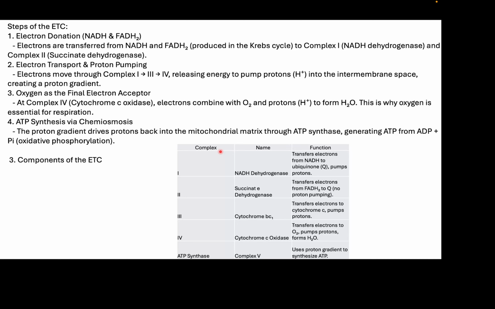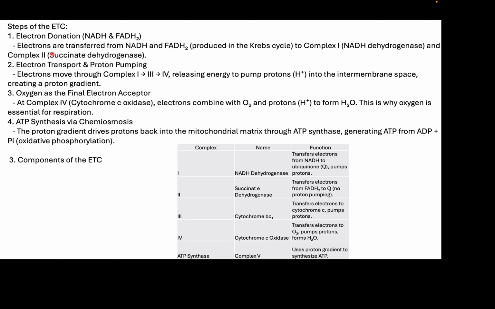So it has to be taken by a small molecule which has a reduction potential, so that whenever it goes to a complex, say 1 here, it will transfer that electron. So the first step is the electron donation from NADH and FADH2.